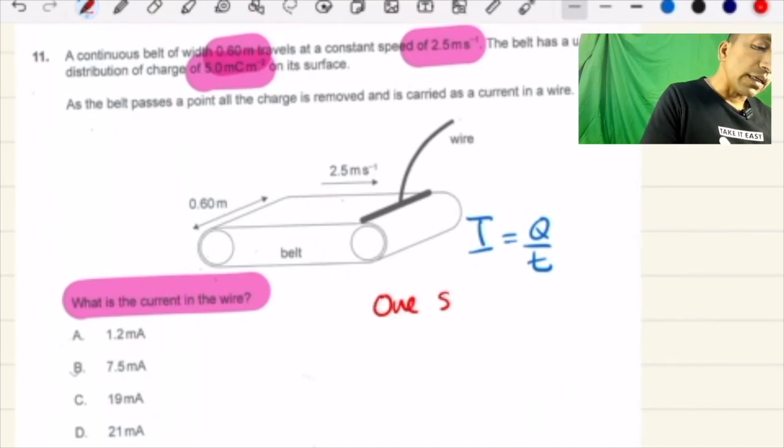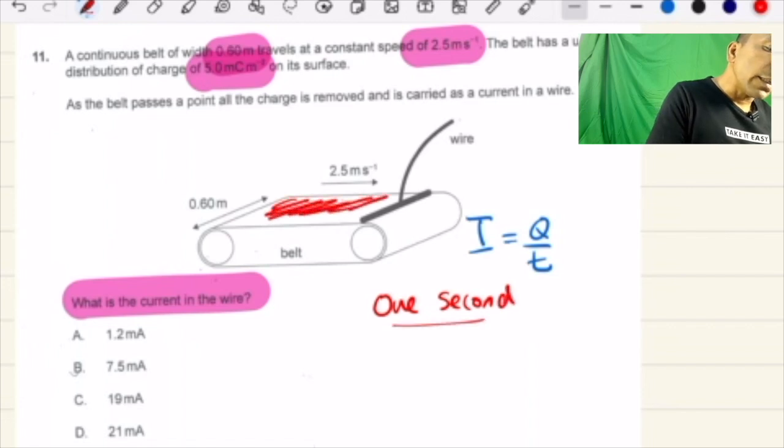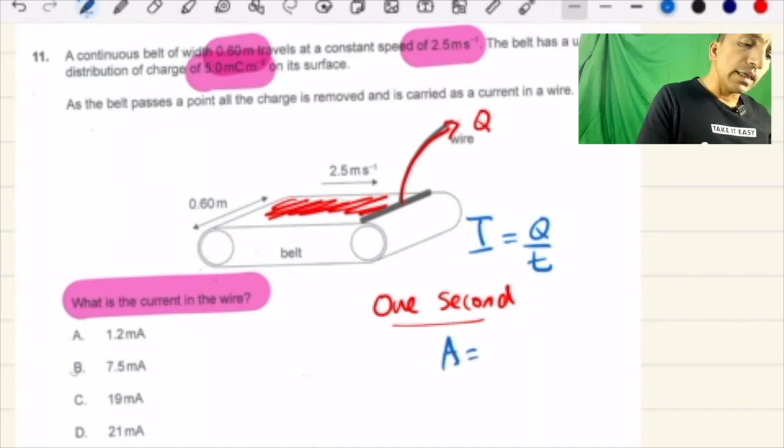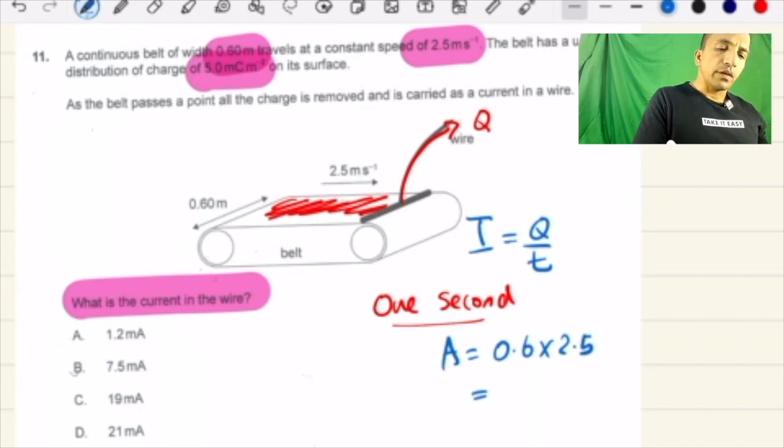In 1 second, if you focus on 1 second, this total length will be covered. This total charge will be taken out by the wire, right? Now this area is 0.6 times 2.5. This comes to 1.5 meters squared, right?